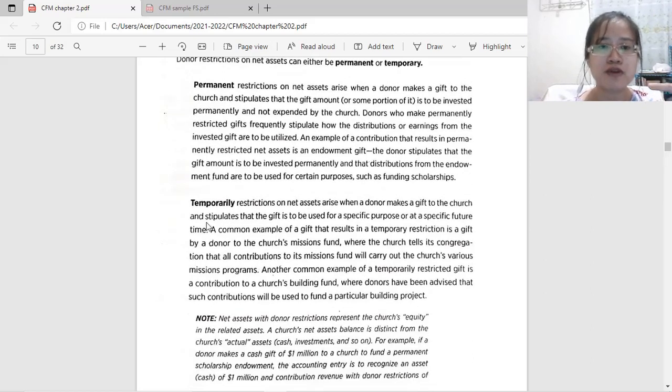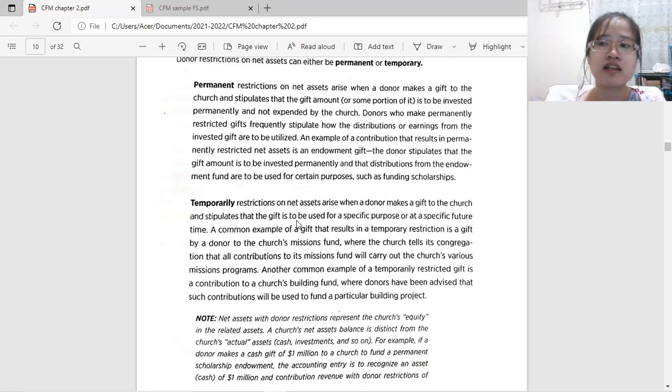For temporary, let's say temporary restrictions can be used by the church, but for the purpose the donor specified. For example, for building. While the church is not yet beginning their building project, the fund is in the care of the church management, so it will be shown there as temporarily restricted fund.